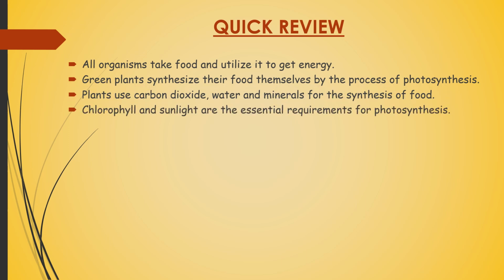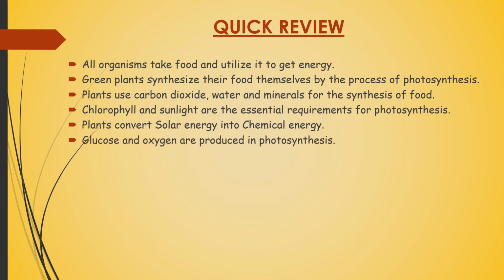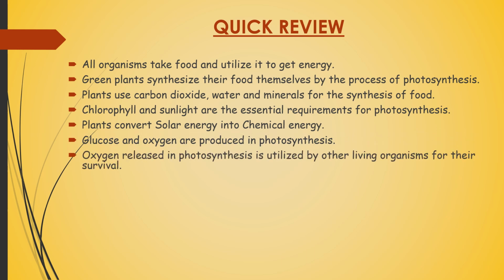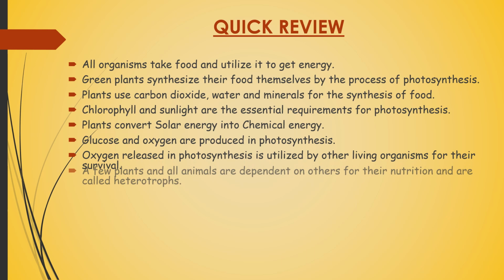Chlorophyll and sunlight are the essential requirements for photosynthesis. Plants convert solar energy into chemical energy. Glucose and oxygen are produced in photosynthesis. Oxygen released in photosynthesis is utilized by other living organisms for their survival.